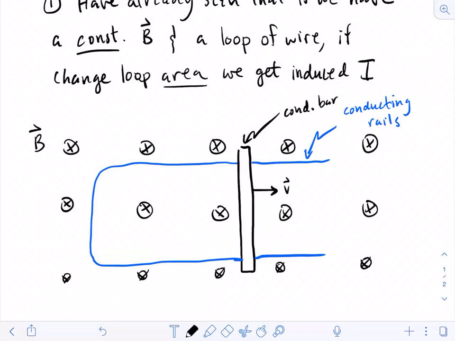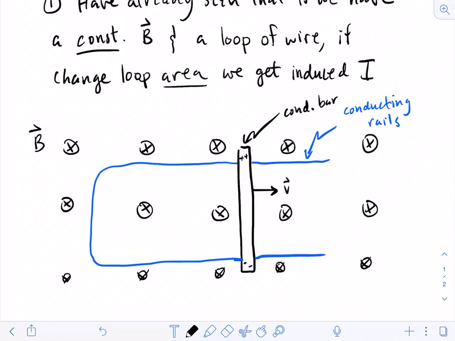What we discovered in this case is that if we pulled this bar to the right at a constant velocity, we would get this motional EMF, and we calculated the value of the motional EMF. It was V times B times the length of the conducting bar.